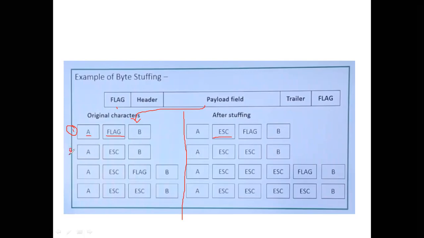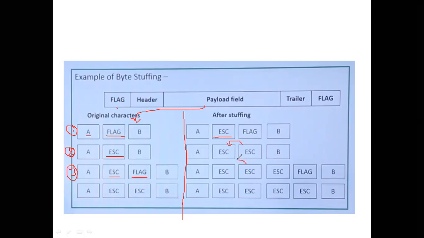Suppose in the second situation, escape exists in the payload field, the same as the delimiter we insert before the flag. Then in this situation also we add one more extra escape. In the third situation, both escape and flag are happening.